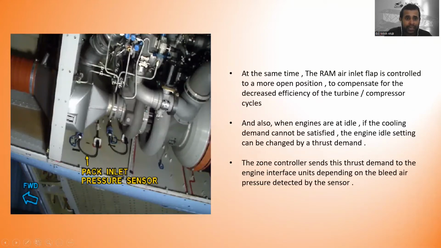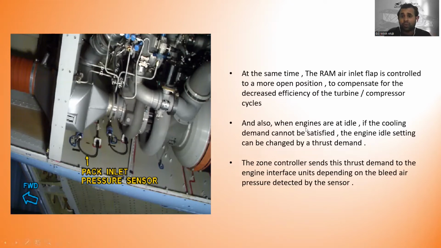At the same time, the ram air inlet flap is controlled to a more open position to compensate for the decreased efficiency of the turbine compressor cycles. I taught you this information in the previous lesson, I remember it's about lesson number 5 or lesson number 6.